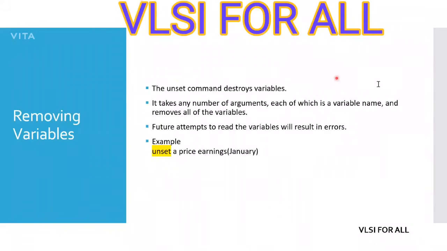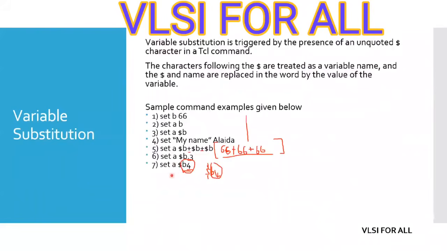If a space is there after B, then also it is an error. Actually, this is a good question. If there is a space after B, then it is an error because there is no backslash. If any special character is there, the set command goes like this.